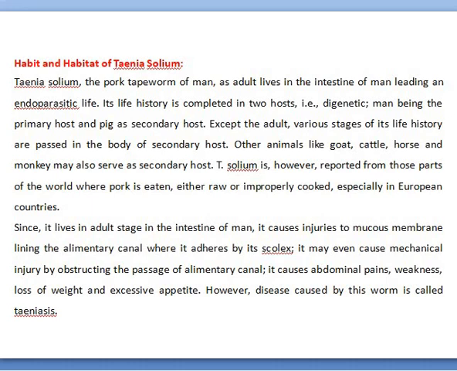It may even cause mechanical injury by obstructing the passage of the alimentary canal. It causes abdominal pain, weakness, loss of weight and excessive appetite. The disease caused by this worm is called taeniosis.